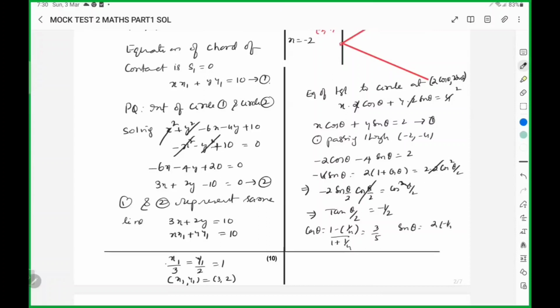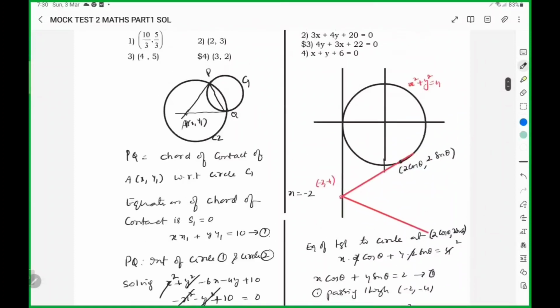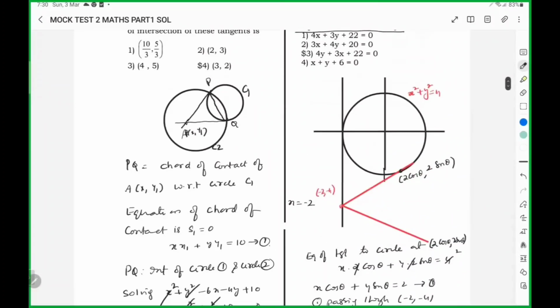Sin theta is 2 tan theta by 1 plus tan square theta, which is -4 by 5. 3x by 5 minus 4 by 5 y is equal to 1. So here it is 3x minus 4y is equal to 5.